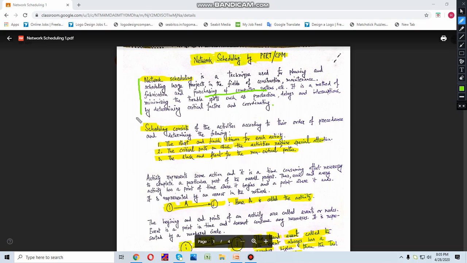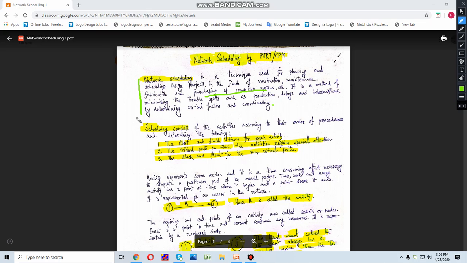So there are two things here. One part is that you are buying some materials from certain companies, and the second part is that you are manufacturing by yourself. Now you have to combine these two factors. There will be a lot of activities going on.